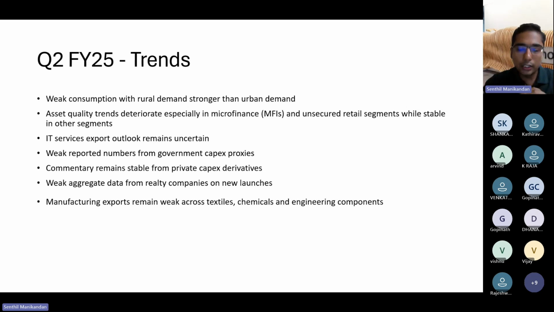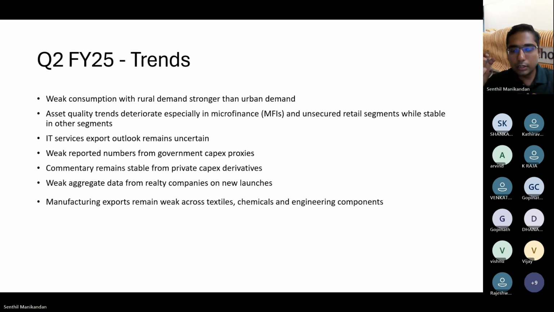Even on the financials, this has been reflected. Within the banking segment, microfinance has been one pain point across all the banks and NBFCs. In Q2 so far, the banks which had higher exposure to microfinance have taken higher provisions, and their non-performing assets on MFIs have gone up in the last quarter.